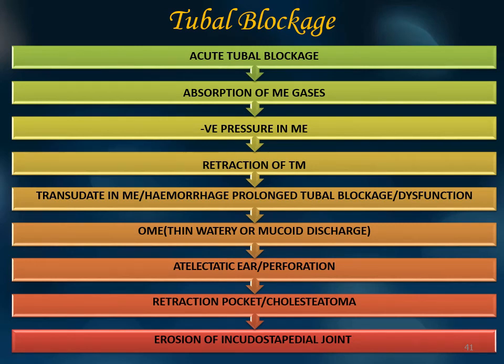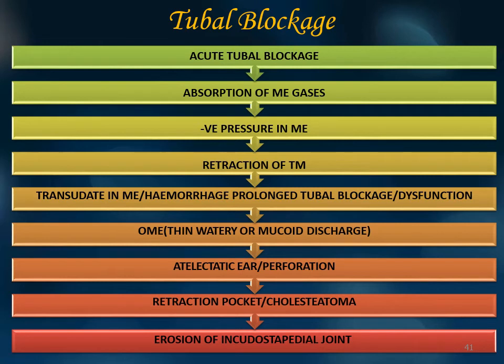And so if we come to the proper topic: tubal blockage by means of anything like inflammation or any tumor, adenoids, whatever. If the tube is blocked, then there is an absorption of the middle ear gases. So due to absorption of the middle ear gases, there will be negative pressure in the middle ear. Due to negative pressure, the tympanic membrane is sucked inside, so it is called retraction of the tympanic membrane.